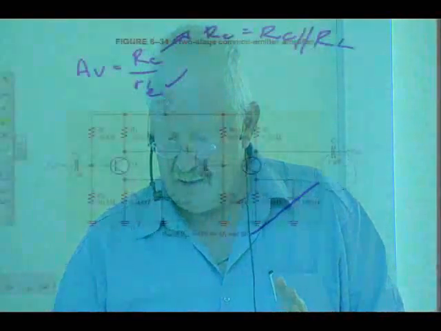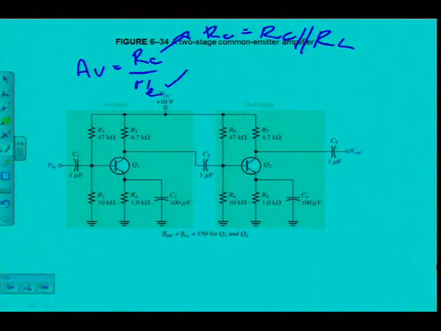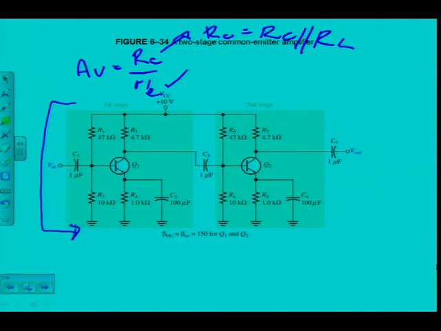So now, let's go to the two-stage amplifier here. Let me just clean this again. Now I removed the load resistor and I connected another identical stage of this amplifier. You could all see that now. But when we started with the single stage amplifier, what did we calculate first?